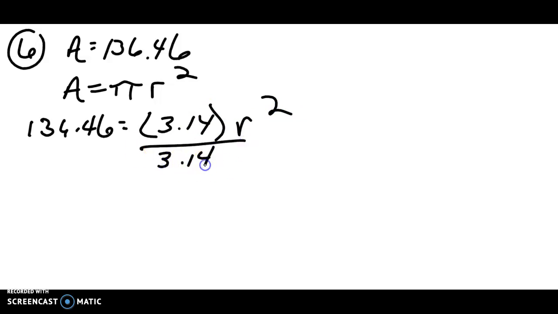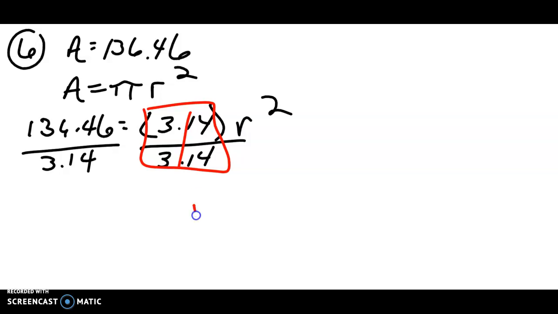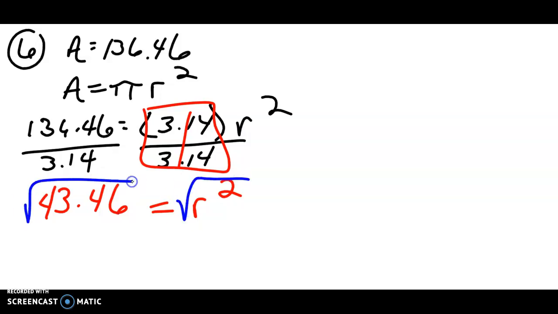So divide by 3.14 on both sides. That's going to give me my value of 1, remaining r squared. And that's going to be equal to these two things divided out, which gives me 43.46. Now, of course, squared, the inverse is square root. So then r is going to be equal to 6.59.